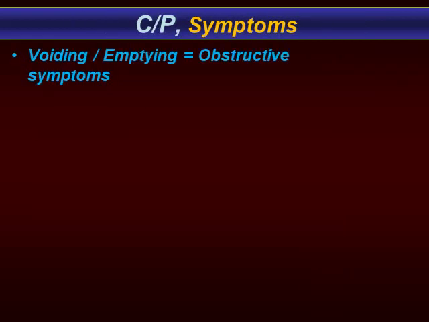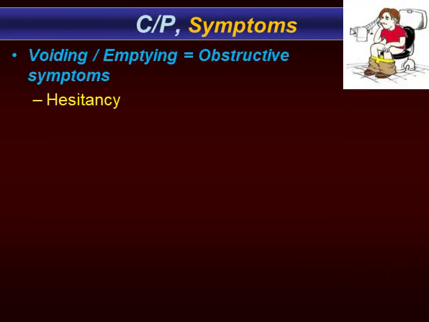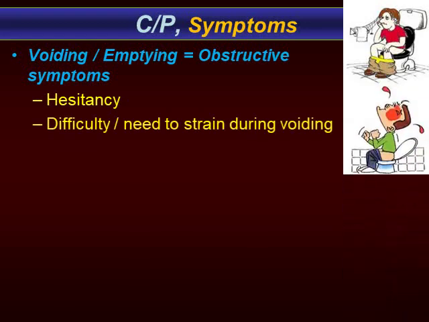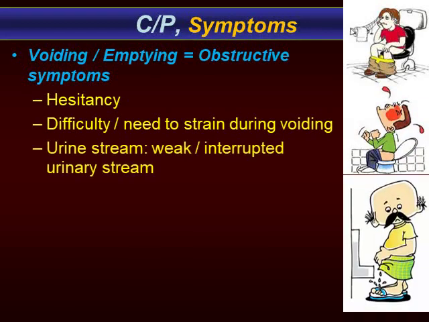The second group are called obstructive symptoms, which occur during voiding. A BPH patient, during the process of urination, may present with hesitancy, which means a delay in the initiation of micturition. The patient may have to wait several minutes for urine to start, or he has to strain to void during urination.